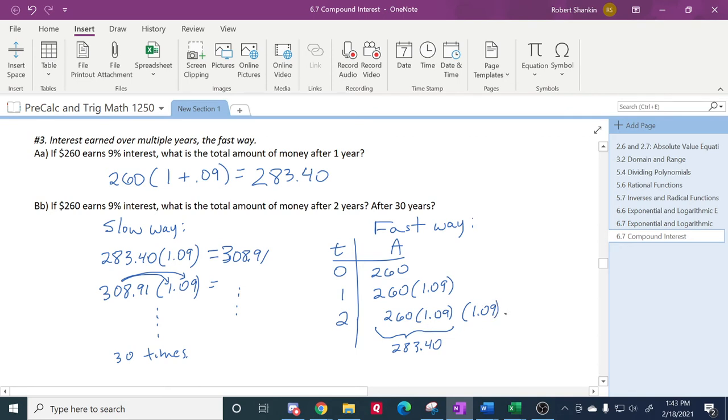And what we see is this. 1.09 happens twice, it's squared.